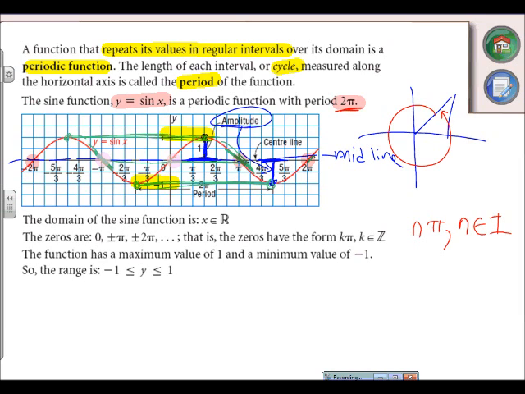So talking a little bit about the range, because that's where they really focus when they're looking at a graph. They very often ask you for the range value. The reason that it's 1 and -1 is because the sine ratio is equal to, in our unit circle, the y over the r.